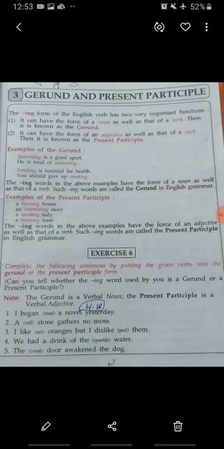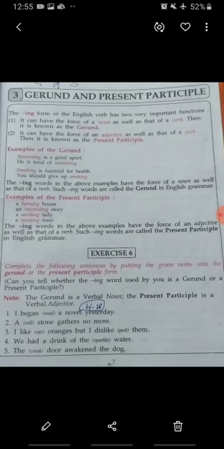Now we will see the exercise. Exercise 6. The question is: complete the following sentences by putting the given verbs into the gerund or present participle form.